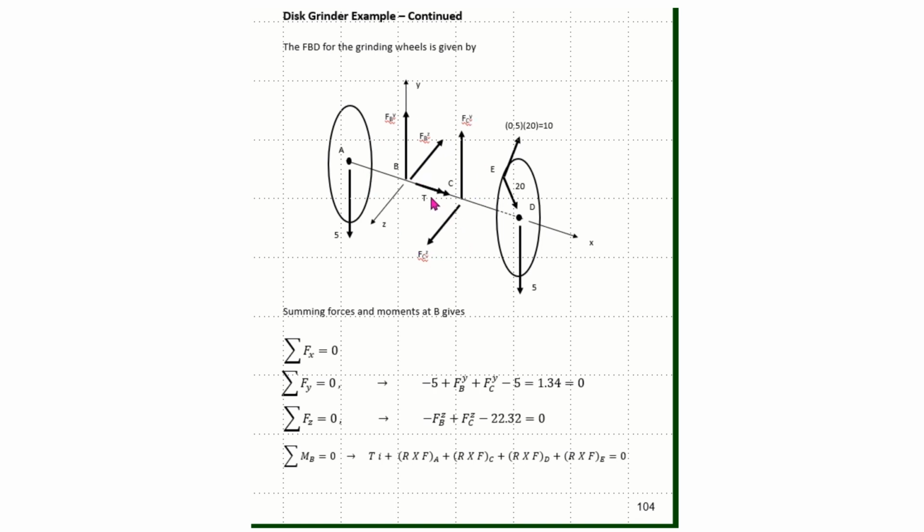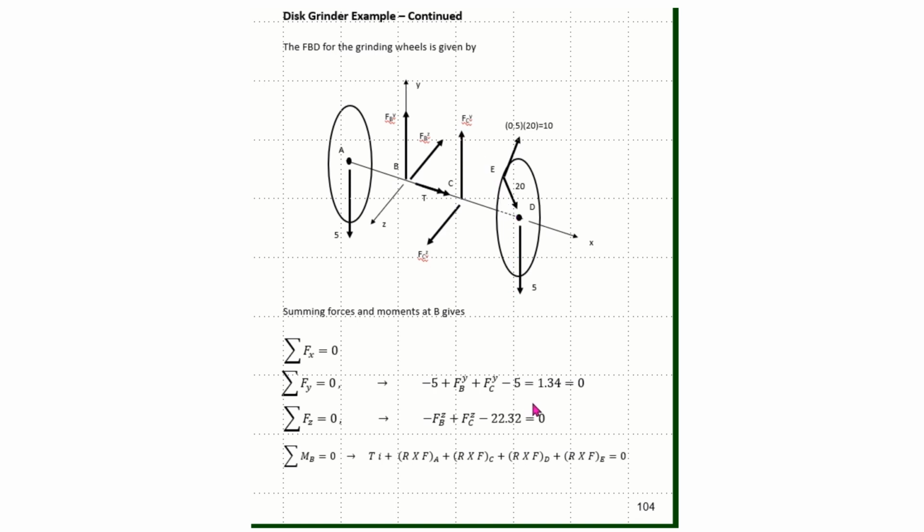I need to also make sure I put on here the motor torque, which will account for this frictional force up here. So summing forces in X, I don't have any along the axis. Summing forces in Y gives me a -5 here, a plus FBY, and a plus FCY, and a -5.